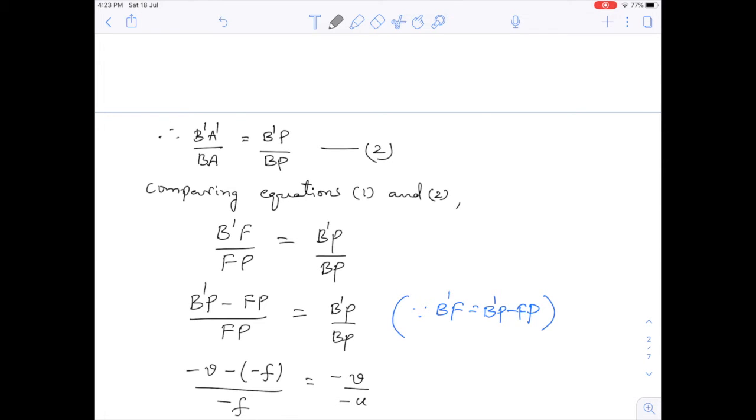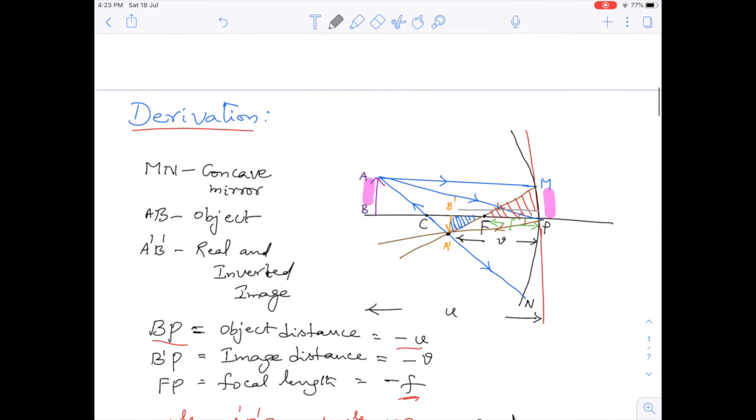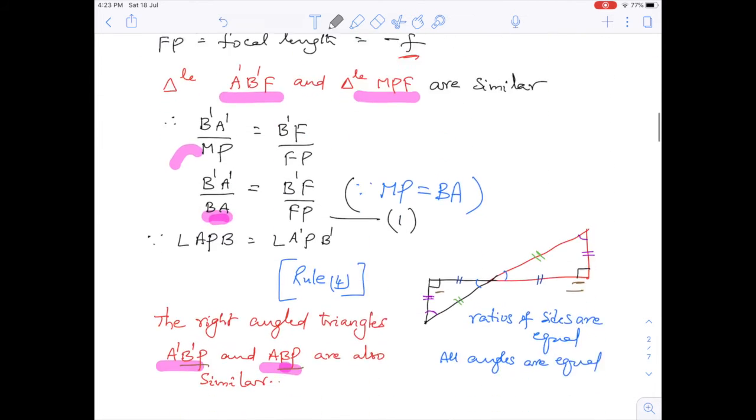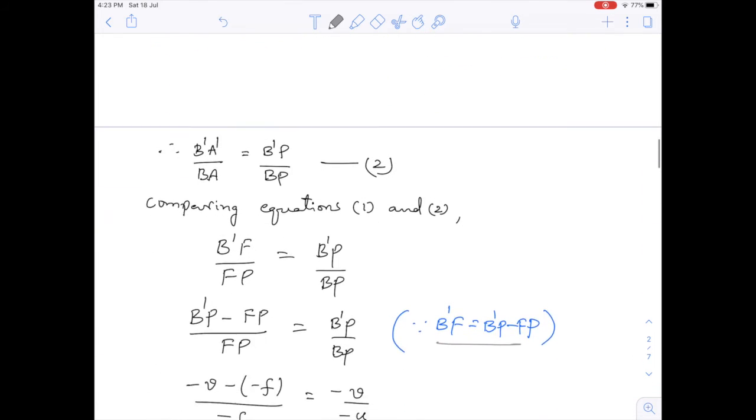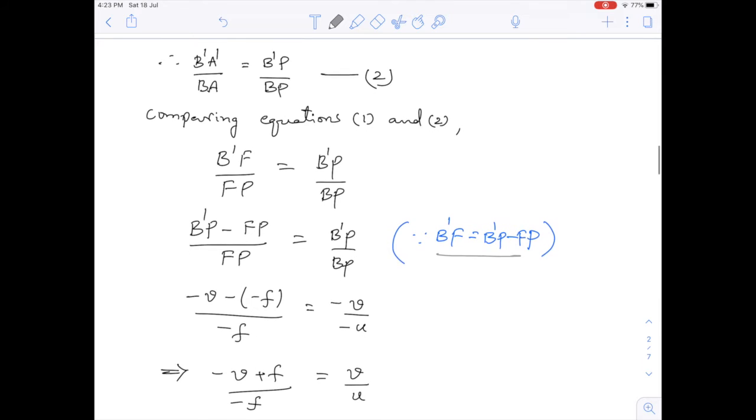Therefore, B dash F is equal to B dash P minus FP. How did you get this? From here, B dash P is equal to B dash F plus FP, so this minus this will give you this. So B dash F is equal to B dash P minus FP.